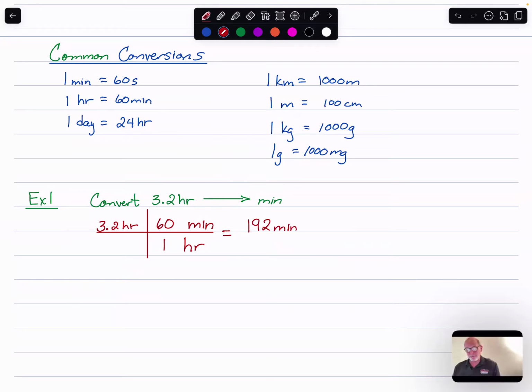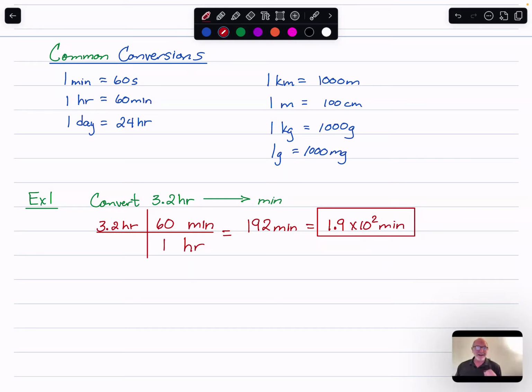Again, here's my problem. I only get 2 digits, so I'm going to have to say 1.9 times 10 to the second minutes is 3.2 hours. That's as accurate as we can be.